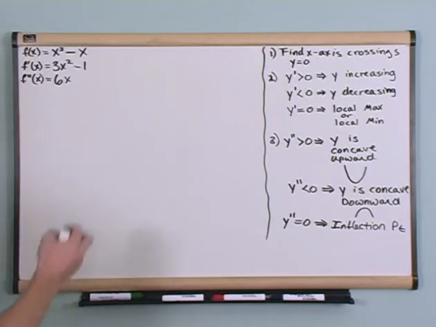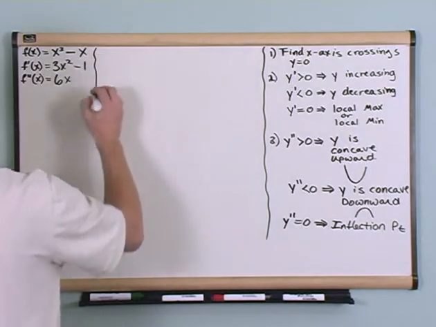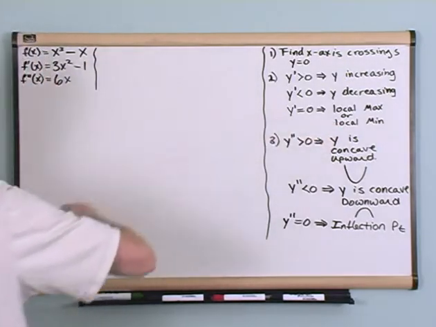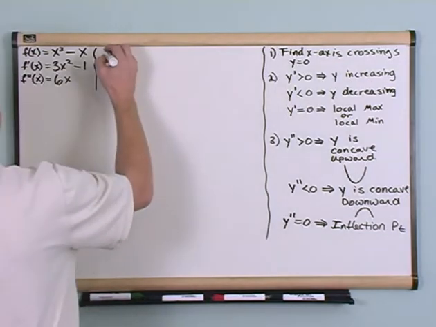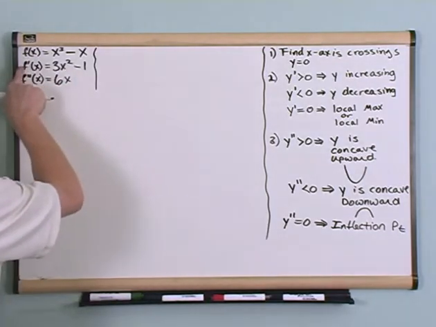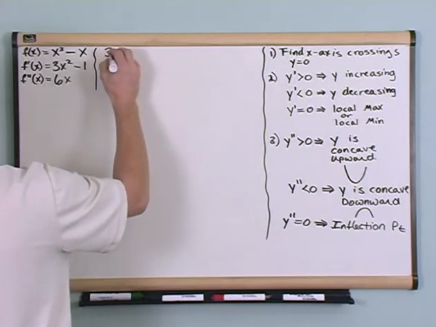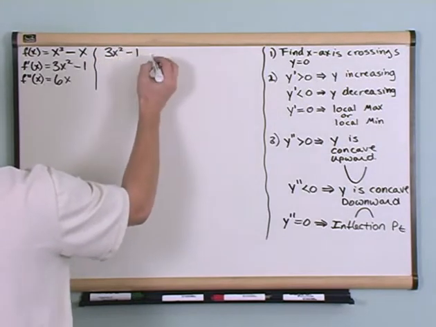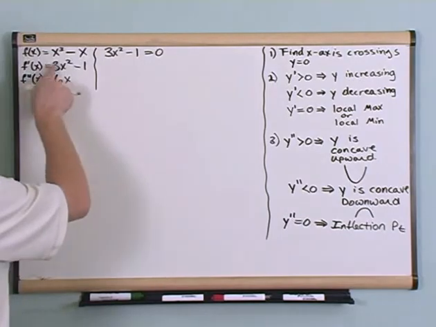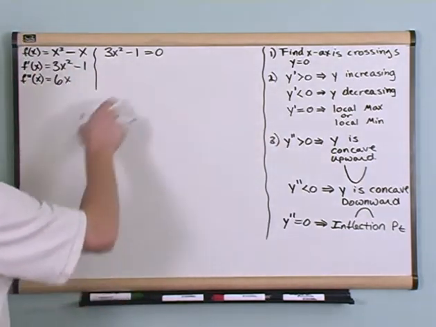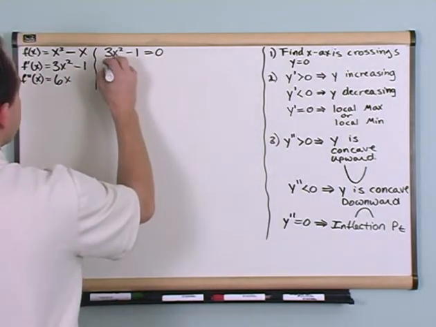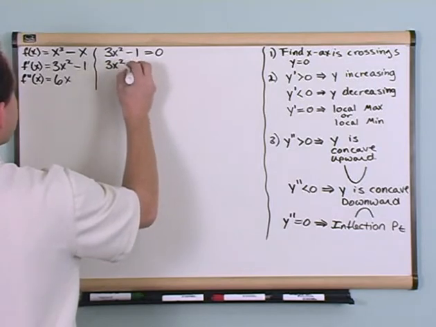Now, let's find out where there's a local maxima or a local minima. So what I need to do is set the derivative equal to 0. So if I take 3x squared minus 1 and set it equal to 0, let's solve for this. 3x squared is equal to 1.